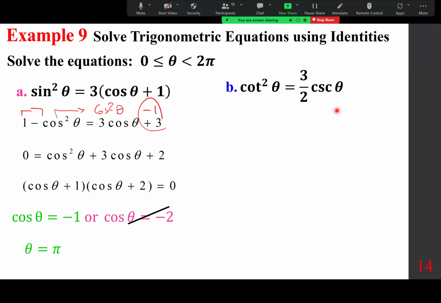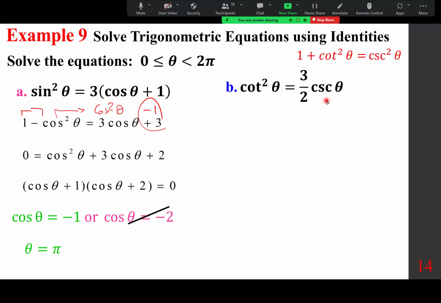Cotangent squared is 3/2 cosecant theta. To solve this equation, we have to relate cotangent and cosecant, and we remember one of those Pythagorean identities says 1 plus cotangent squared is cosecant squared.